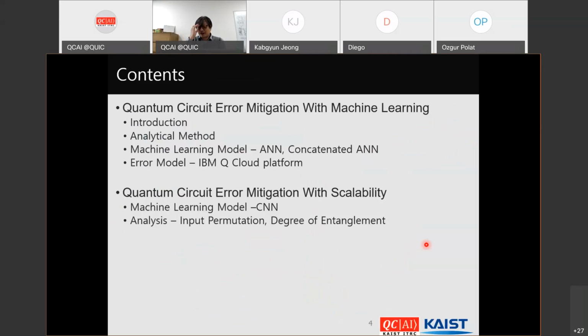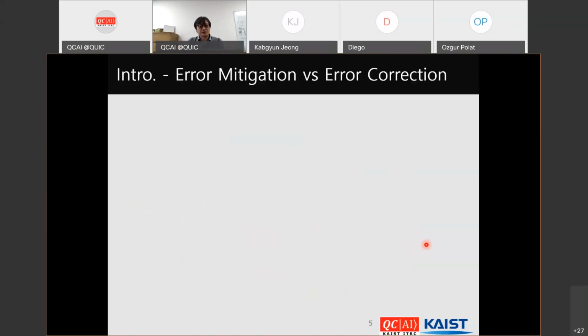It is followed by another discussion about quantum error mitigation that provides scalability, where we try to reduce the size of training and introduce a convolutional neural network that also provides pretty good performance compared with the previous one. Okay. So I'm going to discuss these two pieces of work.